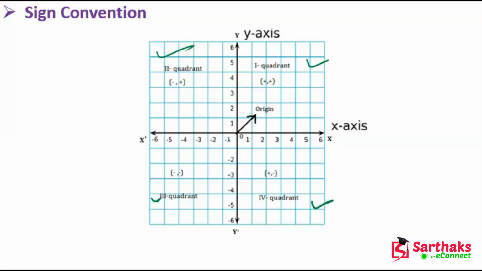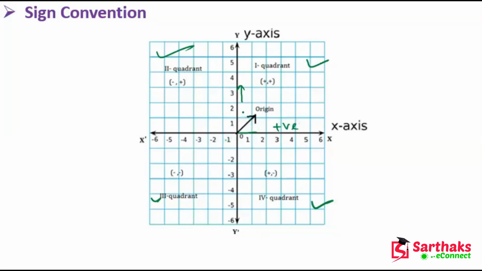In the first quadrant, this is the positive x-axis and this is the positive y-axis. So the signs are positive: the x coordinate is positive and the y coordinate is also positive.